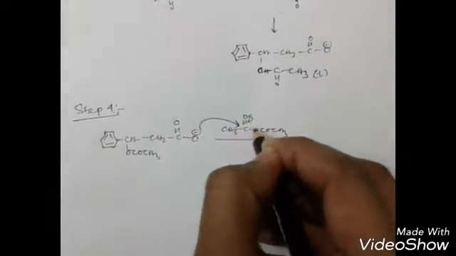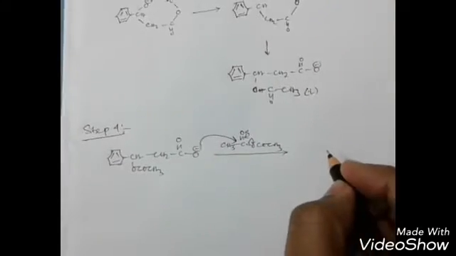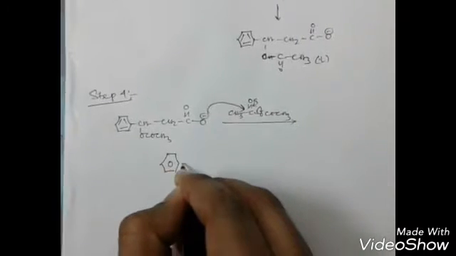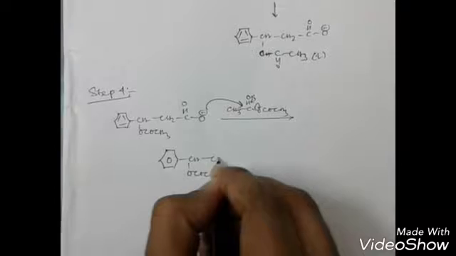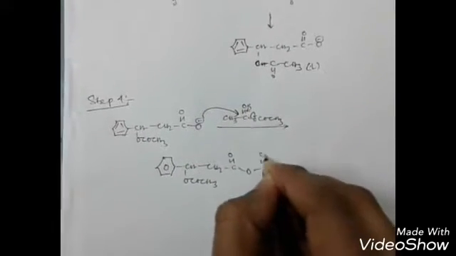It goes back, and then this one. You can understand. Now the intermediate that was formed is like this one, OCOCH3 CH2 C double bond O C double bond O CH3. Okay, you got this one.